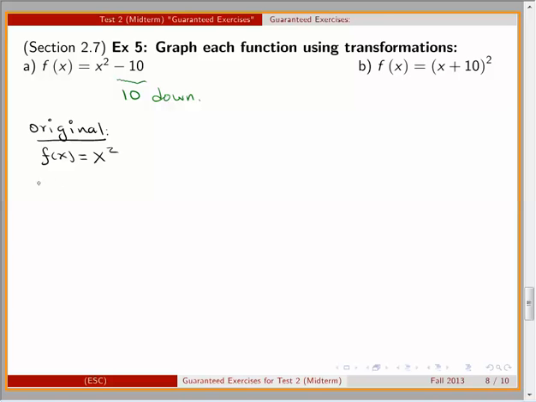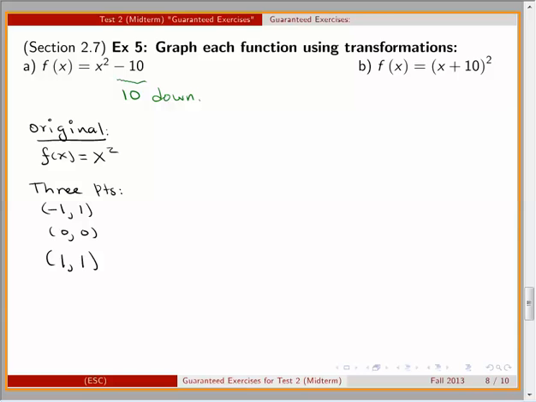I'm going to give you 3 of the essential points for this function. It passes through negative 1, 1. If you plug in 0 for x, then 0 squared is 0. If you plug in 1, then the y value is 1. So this is the original function that you should graph at the beginning.